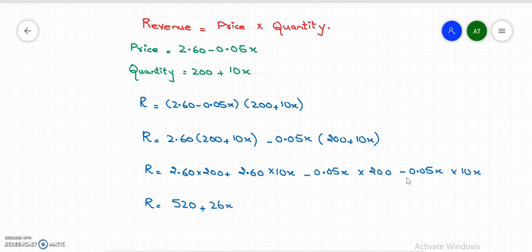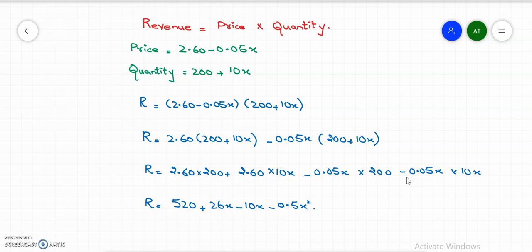The next term is negative 0.05 times 200x, which equals negative 10x, and the last term is negative 0.05 times 10x, which equals negative 0.5x times x, that would be x squared, right?